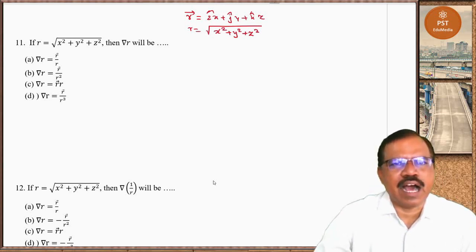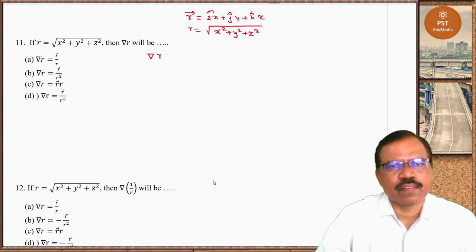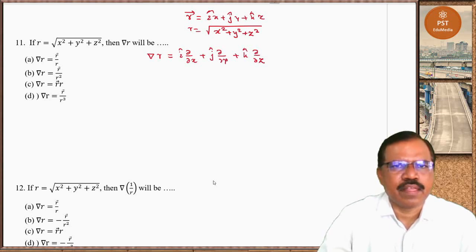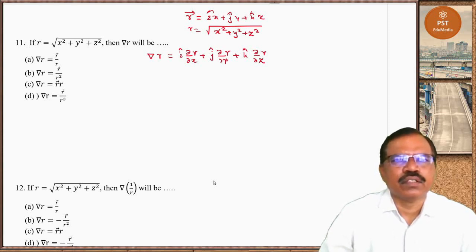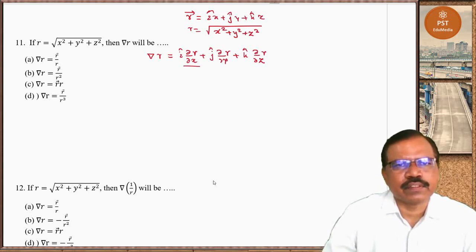Gradient means del r, so i times ∂/∂x plus j times ∂/∂y plus k times ∂/∂z, and we have to operate on r.